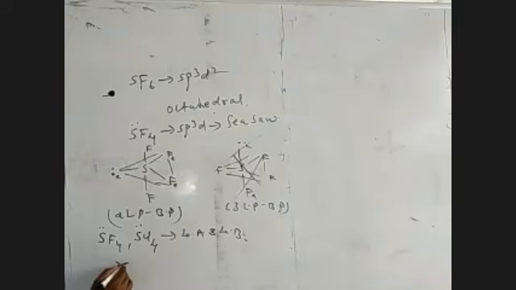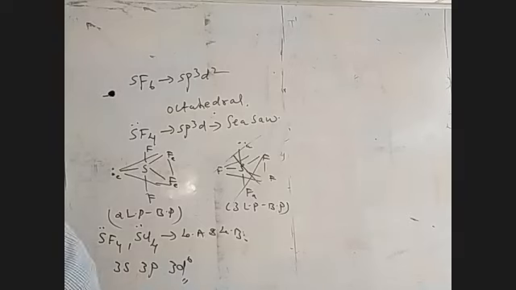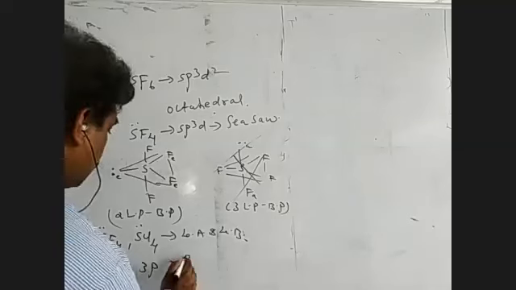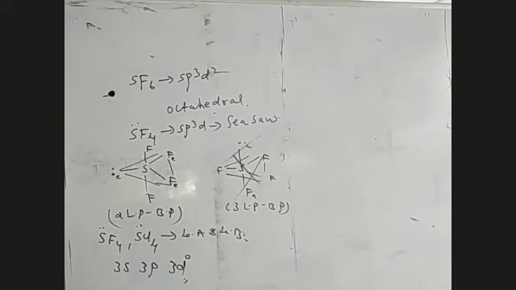That means in the valence shell of these compounds, some vacant d orbitals exist. Due to the presence of vacant d orbitals, they can accept a pair of electrons from another compound. Therefore, both SF4 and SCl4 act as Lewis acids and Lewis bases.